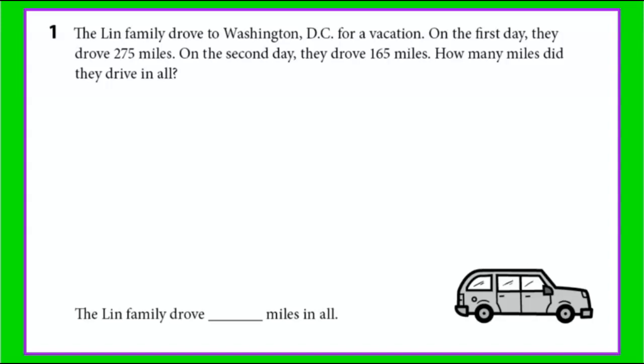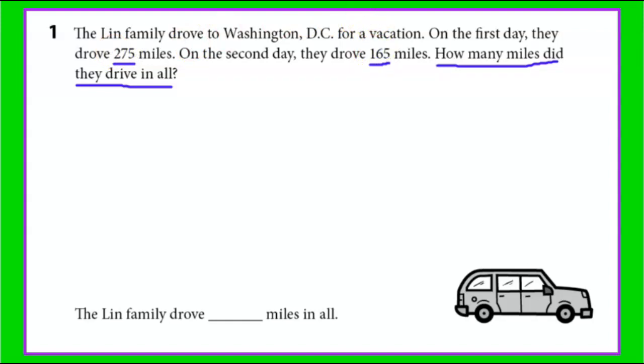Now, I want to think about what this problem is asking me. This problem is asking me how many miles did they drive in all? So this is an addition equation. So I know that I have to take 275 plus 165 to find my total.